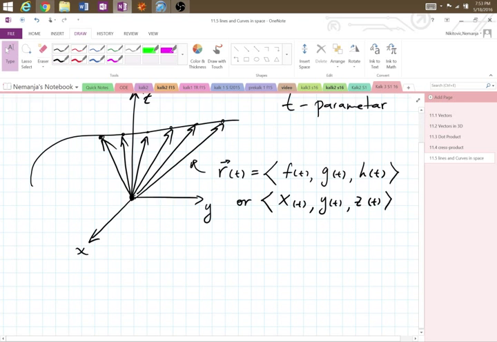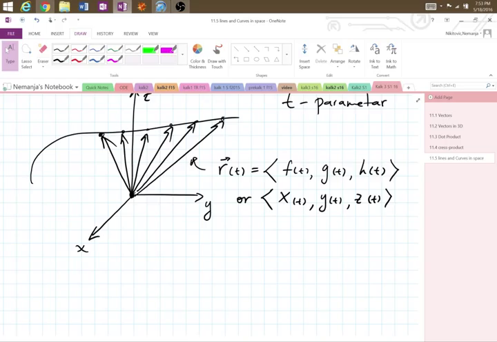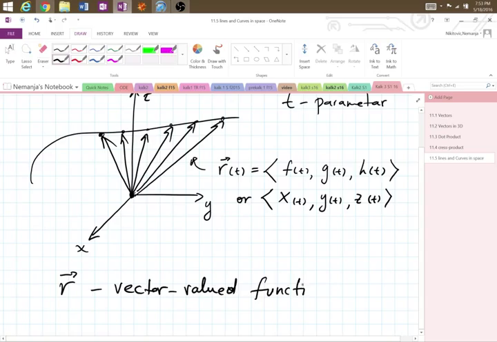So vector R is called the vector-valued function. So that's your R of t.